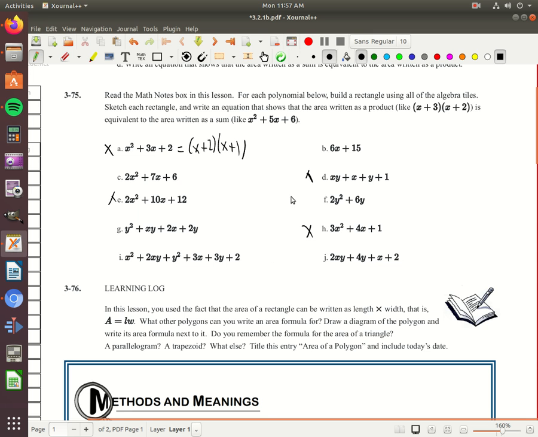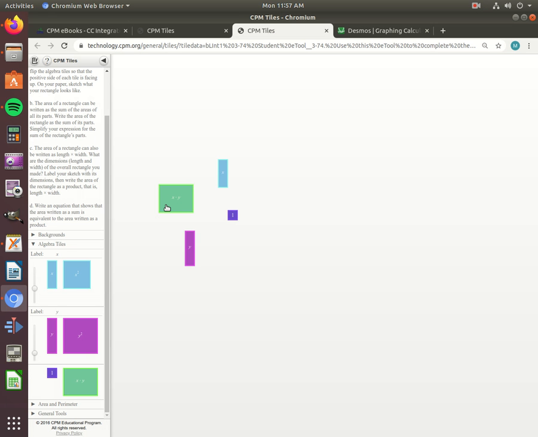So rather than have you watching me drag all this stuff around, I'll pause it and set up the next one. xy plus x plus y plus 1. So you can see there's my xy plus x plus y plus 1. This one, there's really only so many ways I can connect it, right? I can't connect the y to the x's. It's too big. So I'll turn this one sideways and set this up. And you can see I have y plus 1.